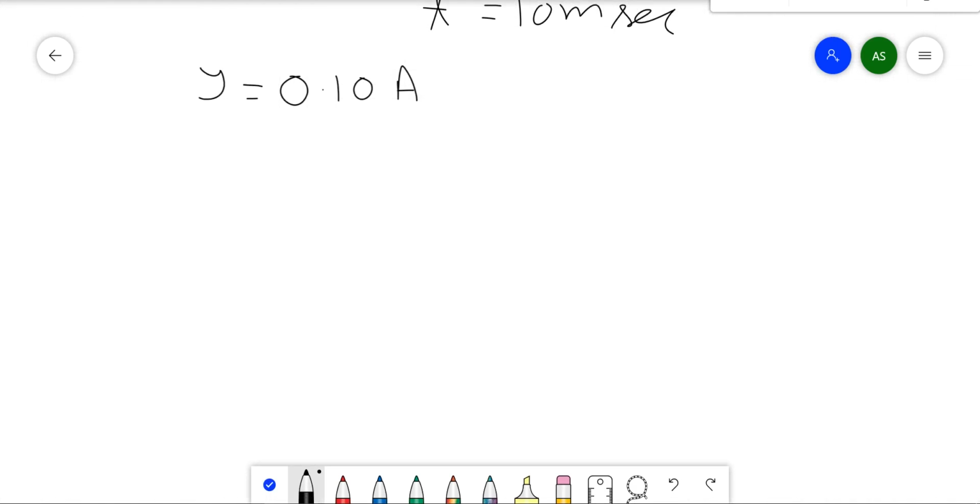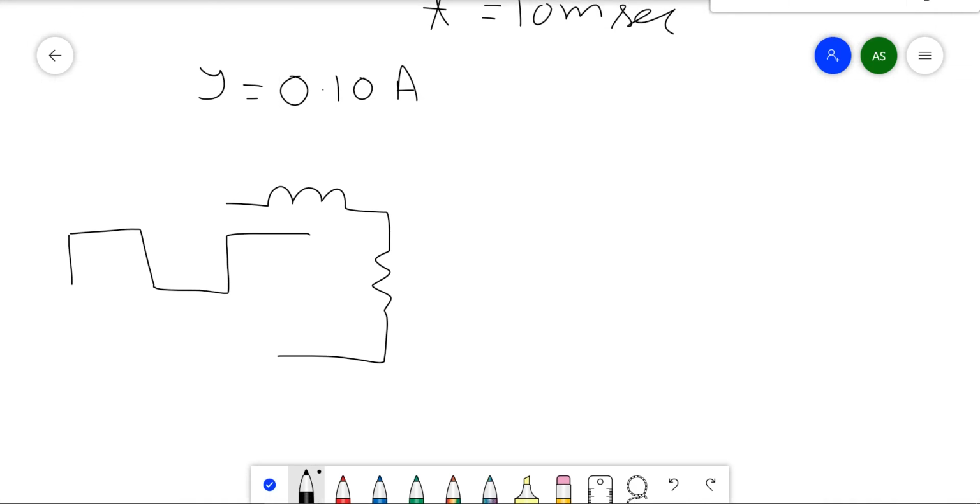We know that this combination of L and R is subjected to a voltage like this. Okay, it's a periodic waveform, 50 Hertz frequency, and 300, this is 0 volt. So like this waveform is there, L and R we know.